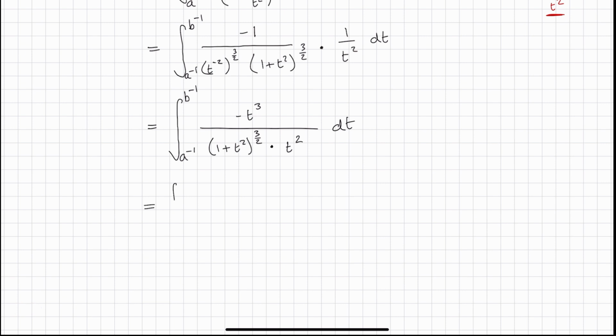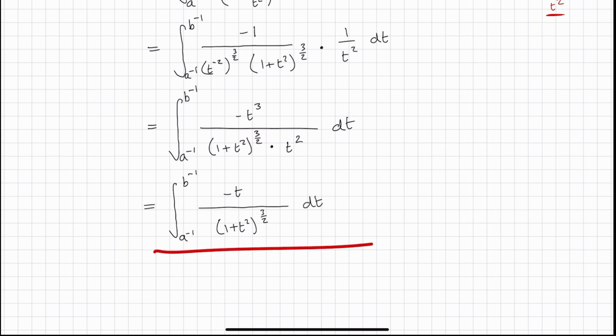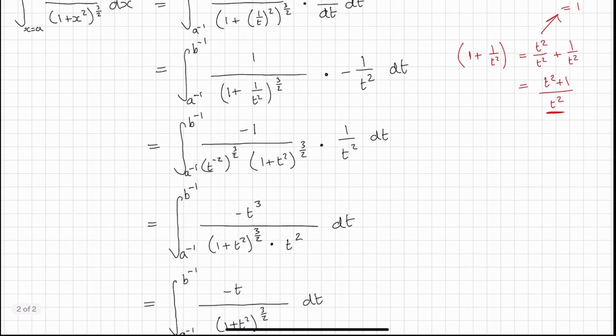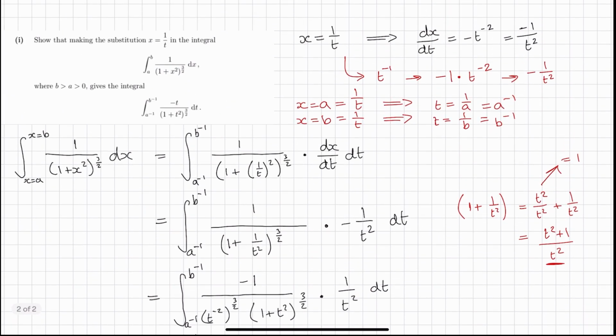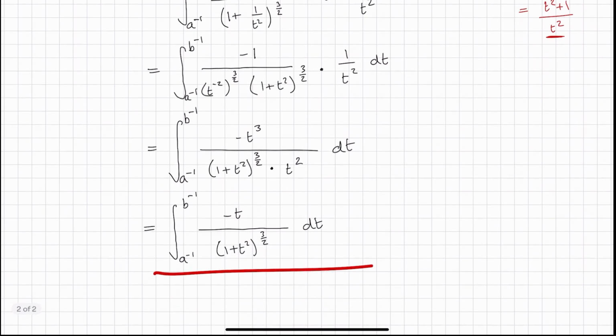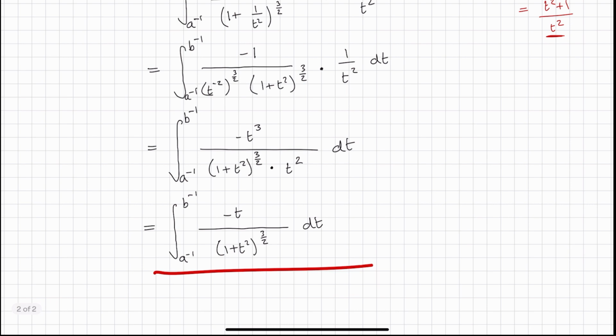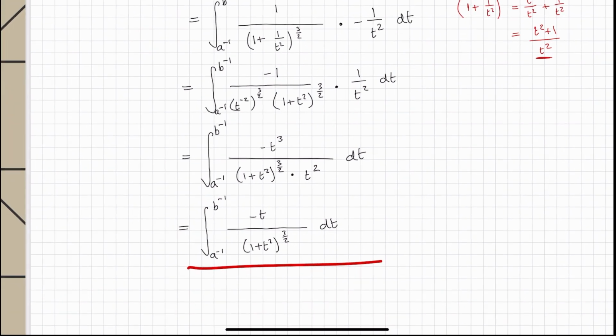And then cancelling out our numerator and denominator terms, this gives us our required result. And that is how we show the first part of the question.